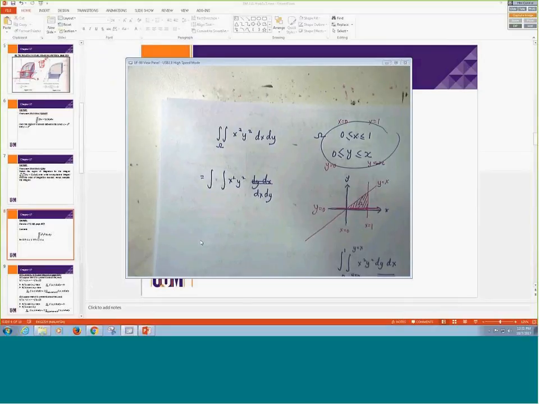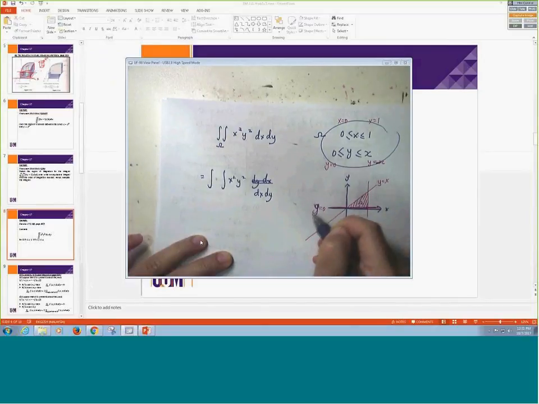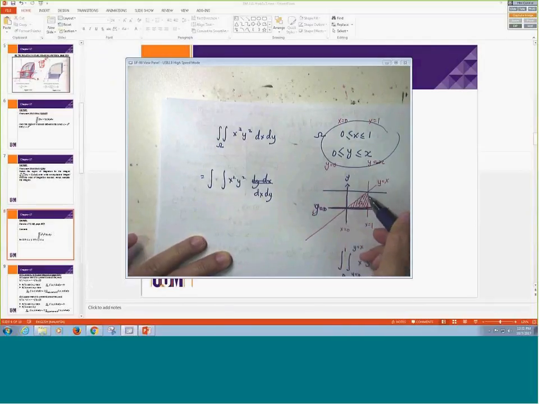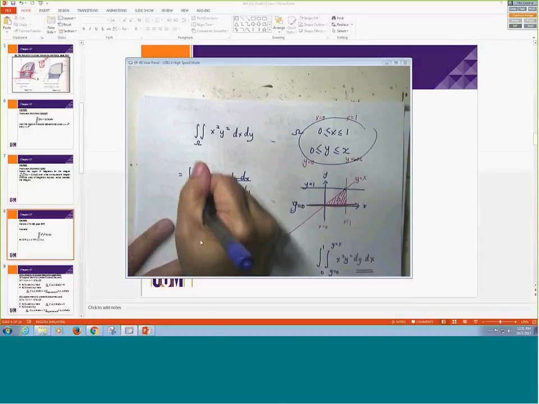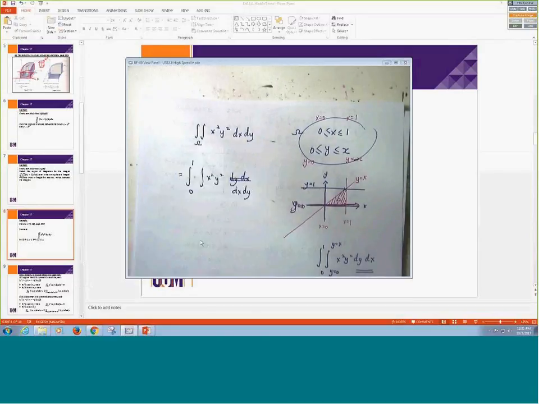So we need to take y equals 0 and the other y. What is the value of y here? It's the intersection point when x is 1, y is 1, because of this point. So y from 0 to 1.